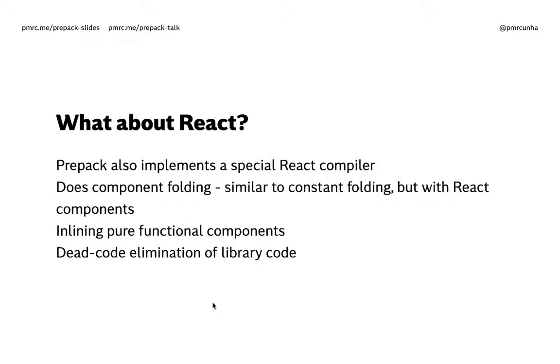If you have several components which are not dynamic, they can be merged into a flat component that would be very hard to work with if you were writing it by hand, but it's going to execute faster. And also if you have branching in your components, you can eliminate some of the paths that will never be used.